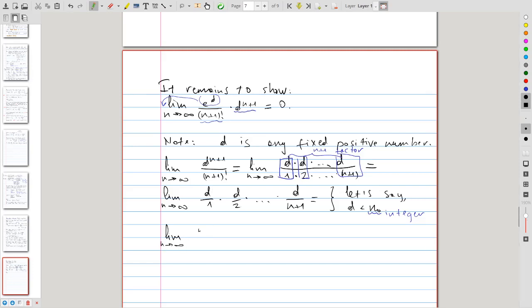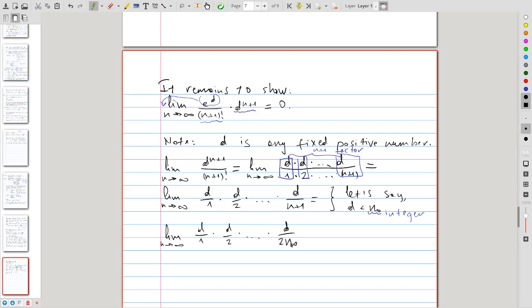The picture will be like this: d over 1 times d over 2 times and so on, until at some point the denominator reaches 2n0.